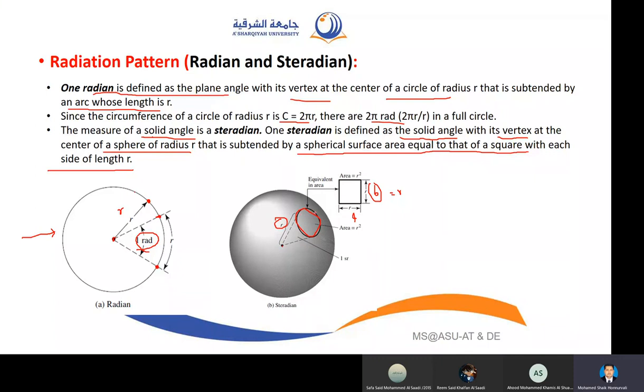Once you create that area, the angle it makes between any 2 points, we call that 1 steradian. So how many steradians will be there in the sphere? It will be 4 pi.